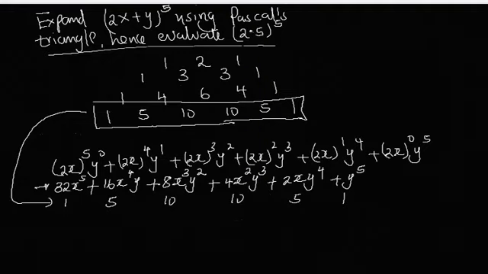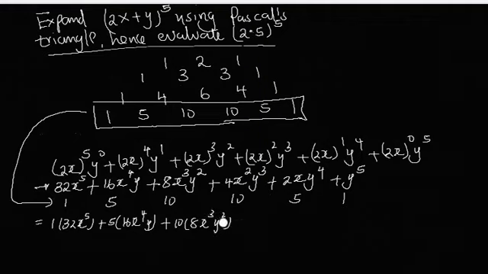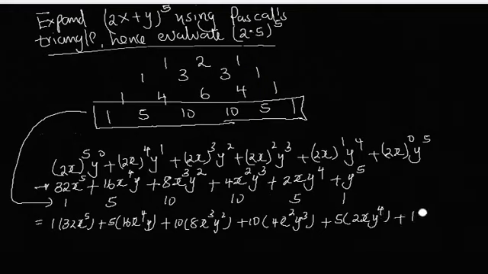So we're going to have 1 into 32x^5 plus 5 into 16x^4 y, plus 10 into 8x^3 y^2, plus 10 into 4x^2 y^3, plus 5 into 2x y^4, plus 1 into y^5.